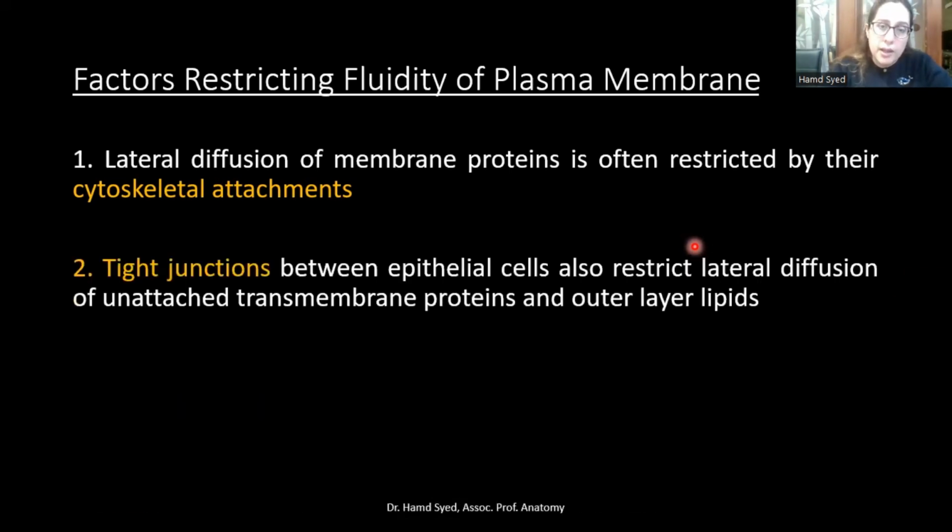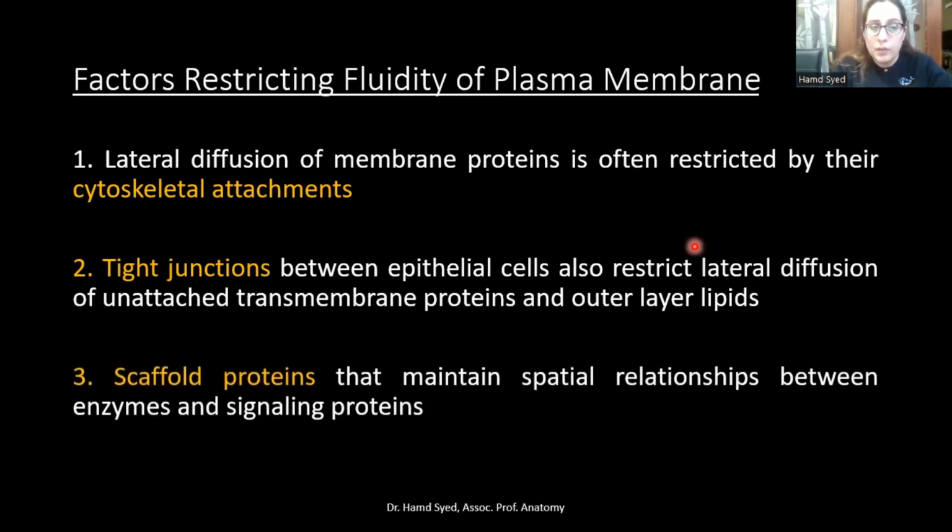Another factor is tight junctions between epithelial cells. They also restrict the lateral diffusion of the unattached transmembrane proteins and outer layer lipids. Then there's another factor known as scaffold proteins, which maintain spatial relationships between enzymes and signaling proteins. So these are the multiple factors other than cholesterol which are responsible for restricting the fluidity of the plasma membrane.